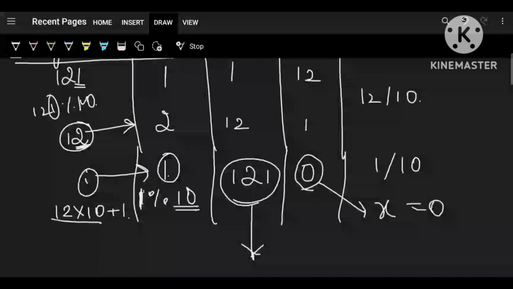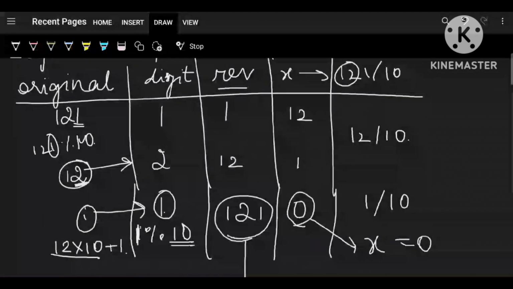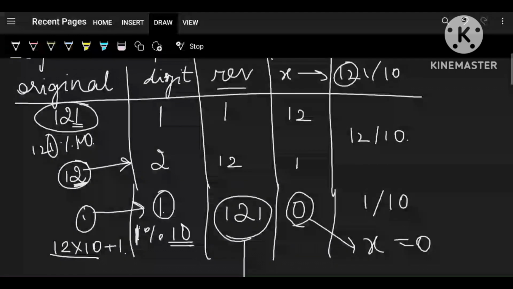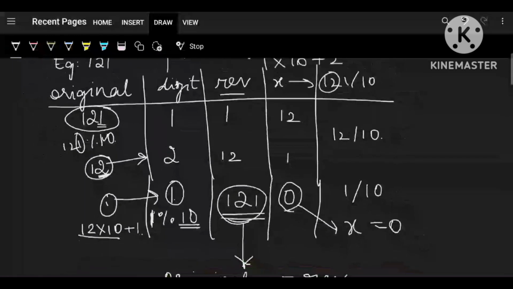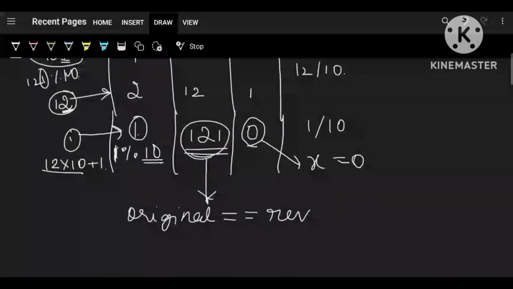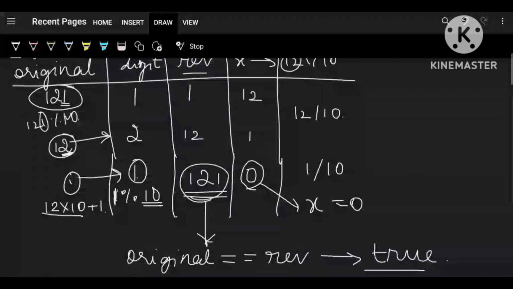So what we check at the last is if the original number is equal to reverse. So here is the original number and here is the reverse number. If these are equal, then it will return true. Whatever I wrote here are not the original values, only this much is the original value.